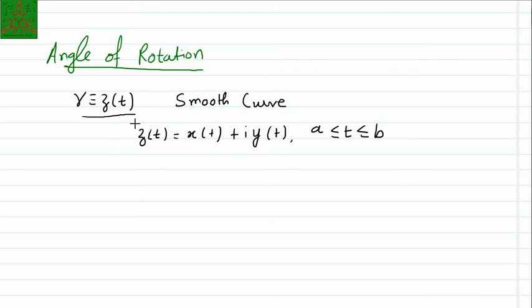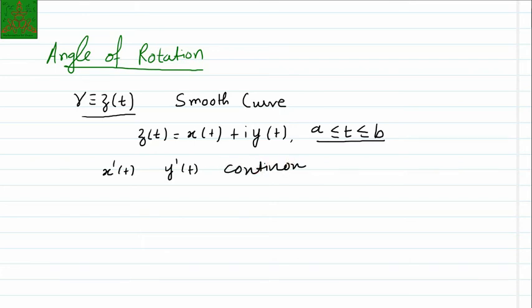z of t is a smooth function. That means its first order derivatives exist and are continuous. That means x dash of t and y dash of t exist in the domain a to b and are continuous also.